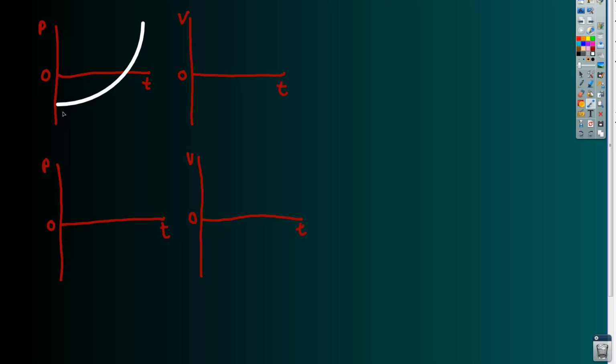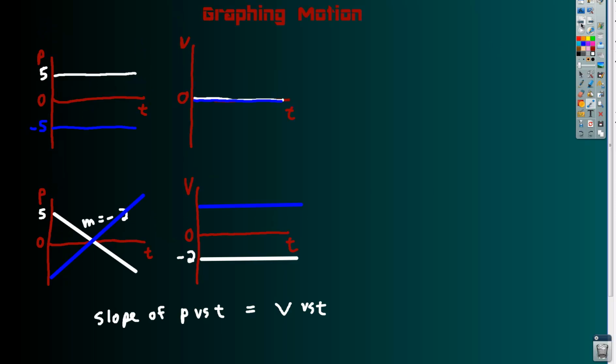Well, we discussed last time that the slope of your position graph determines your velocity. I didn't really go into extreme detail about that, so let me maybe take a sidetrack. Slope is rise over run, right? And your rise on a position graph going up is your change in position.